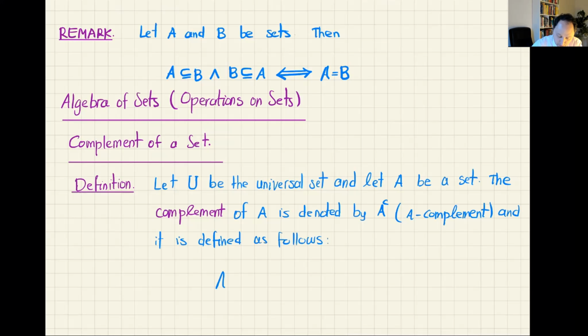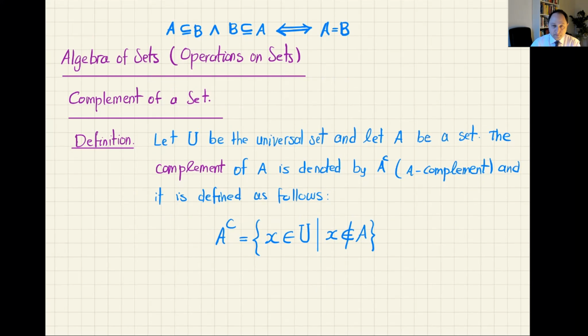So A complement is defined to be the elements which are in the universal set, of course you don't need to emphasize, but such that x does not belong to the set itself. That is called the complement of a set. So if I want to ask about the complement of a set, I have to make sure that I have already given you the universal set.